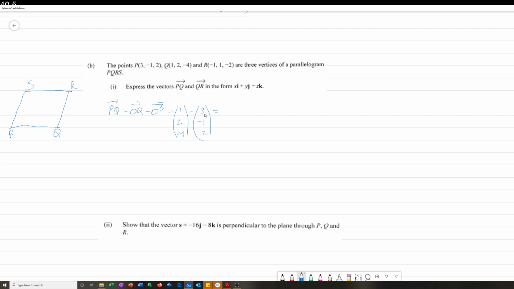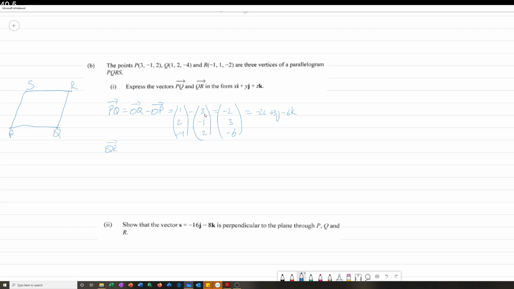So when I subtract, this is minus 2, this is 3, minus 6. If you wanted to write it in that form, well, it's minus 2i plus 3j minus 6k. But it's better to write it in this form. It's easy for you to perform the matrix operation. So that's PQ. So they want QR as well.